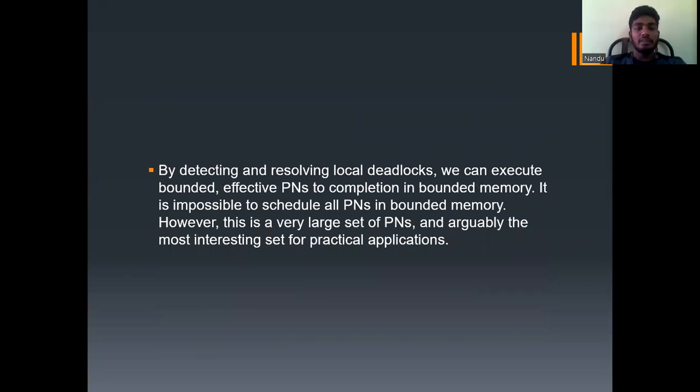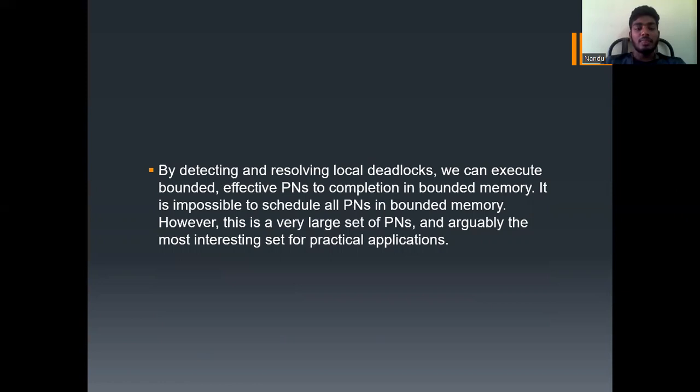By detecting and resolving local deadlock, we can execute bounded effective PNs to completion in bounded memory. It is impossible to schedule all PNs in bounded memory. However, this is a very large set of PNs and arguably the most interesting set for practical applications.